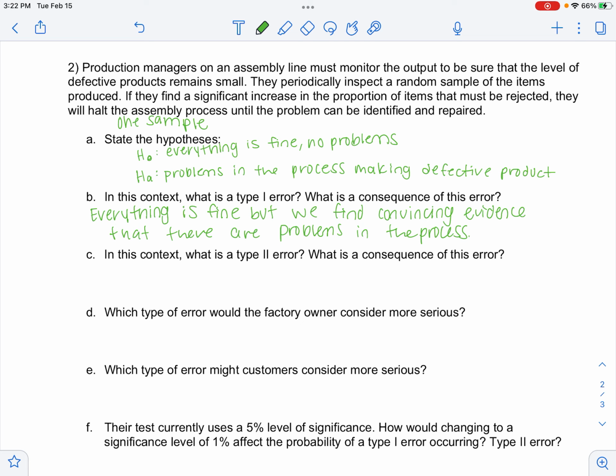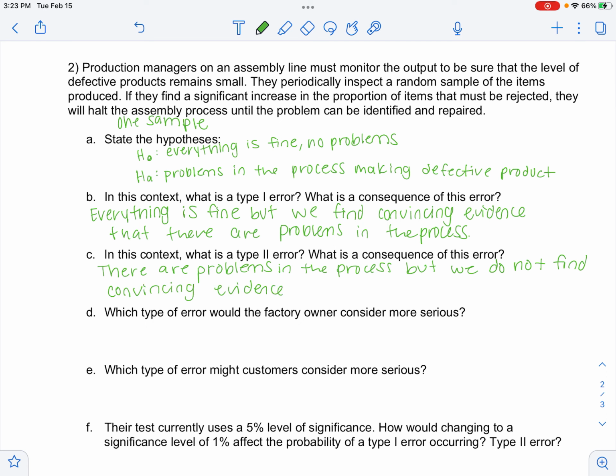Type 2. A type 2 error is when we fail to reject the null, but the alternative is actually true. So this would say that there are problems, but we do not find convincing evidence for these problems.